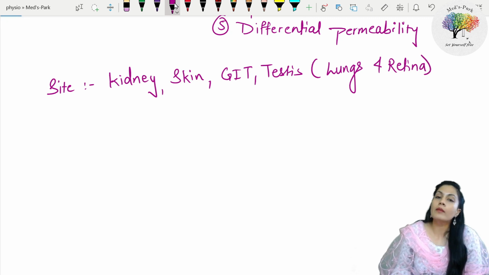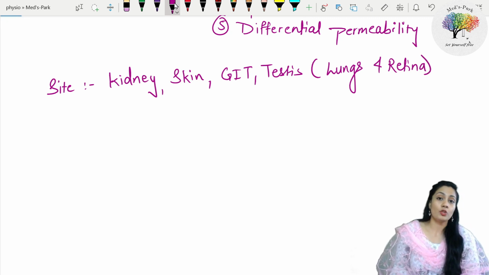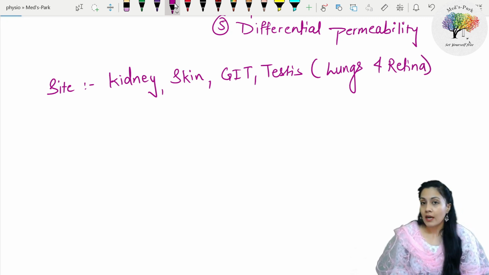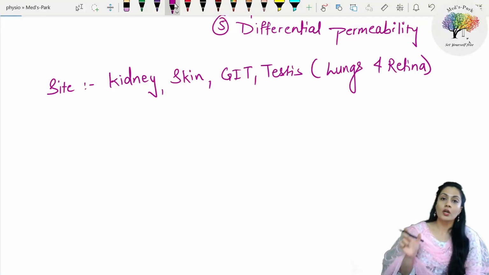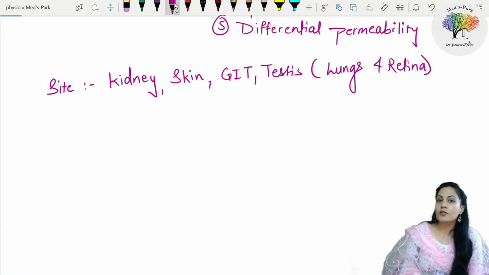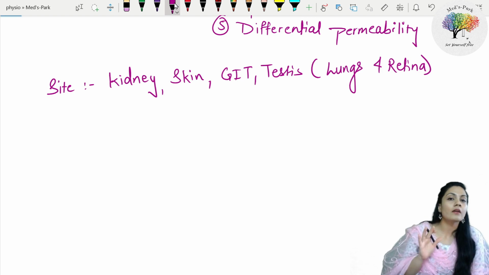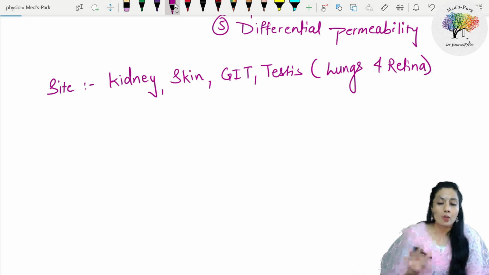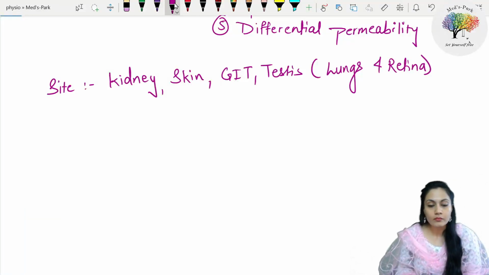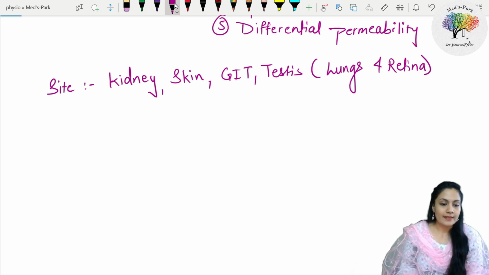Why am I writing in the bracket? Because they are not mentioned in the genome or Guyton, right? But yes, there are some books in which they are mentioned, and the research has also proven that these countercurrent mechanisms are also present in these two organs or sites, right?